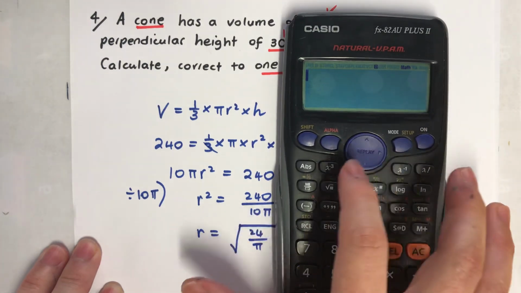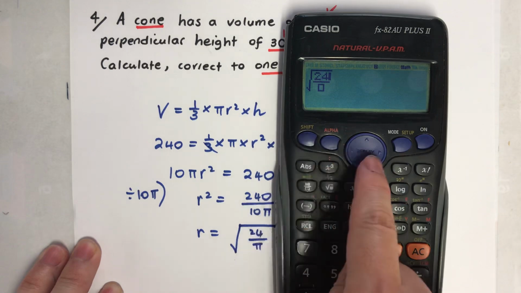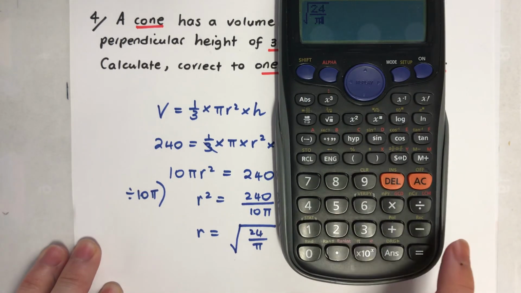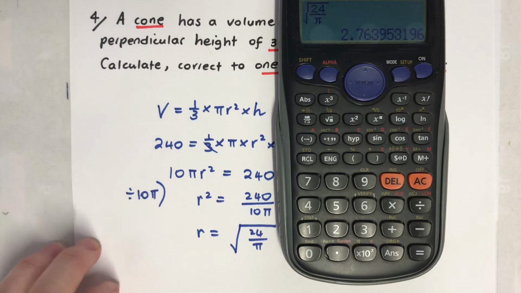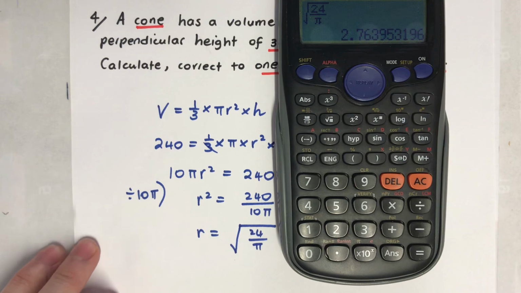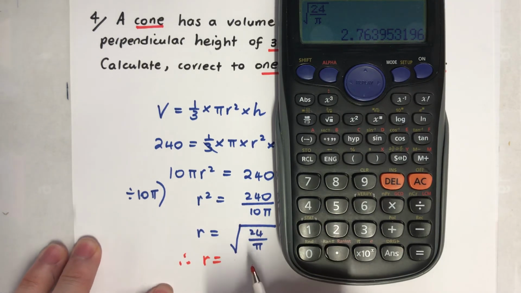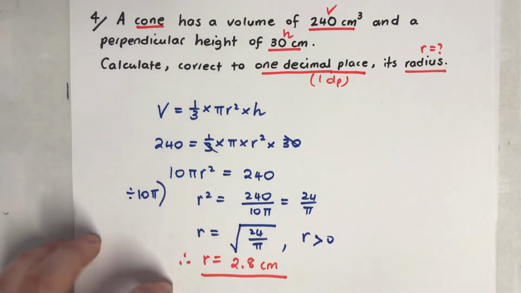So square root and fraction, 24 over pi, and I've got 2.76395 something something something, and therefore my answer to 1 decimal place is 2.8. What's the unit? Centimeters. Excellent, well done.